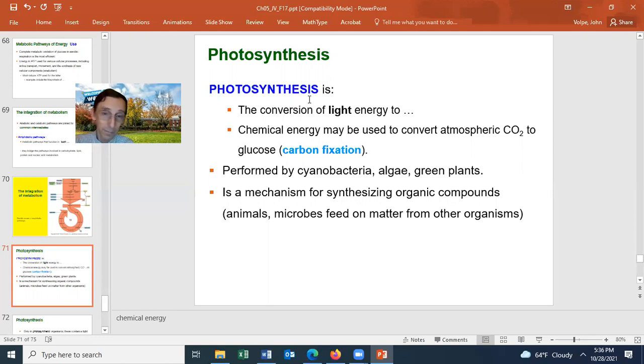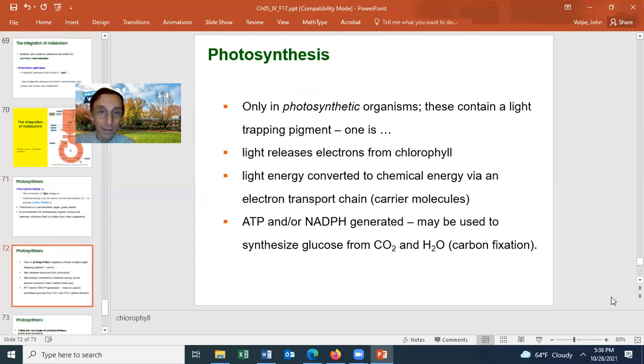That's how food gets made in the volcanic vent. But on the surface of the planet, on the land, most of the energy is made by photosynthesis. All right, any questions about any of that?